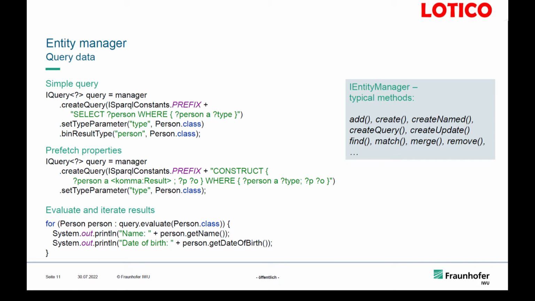It's almost the same as with RDF4J or Jena, but you can use additional methods like set type parameter that allows you to use the RDF annotations of a class, or you can also bind result types for the results of the SPARQL query.